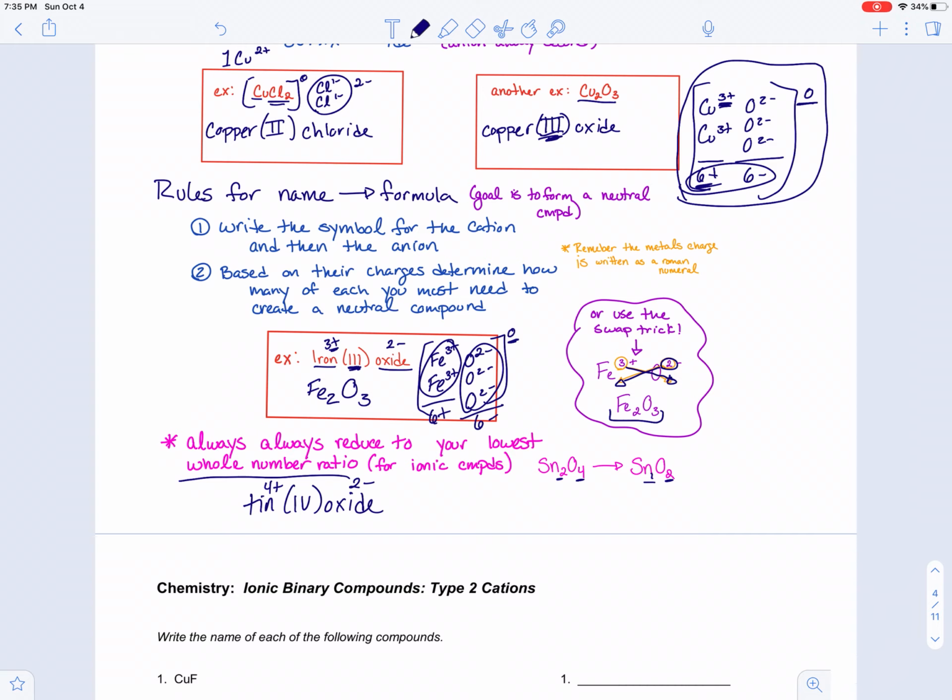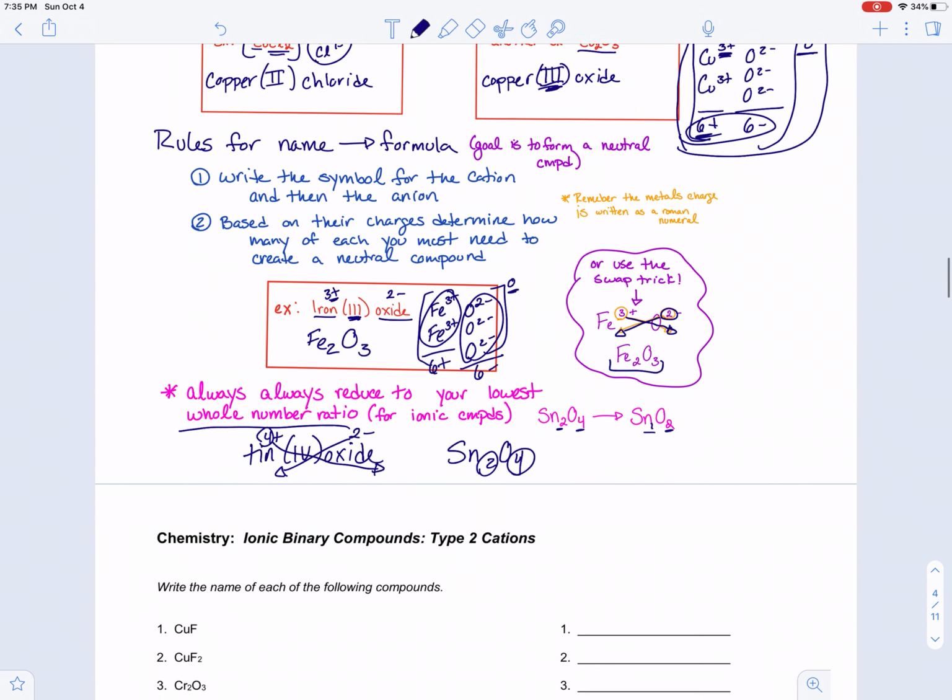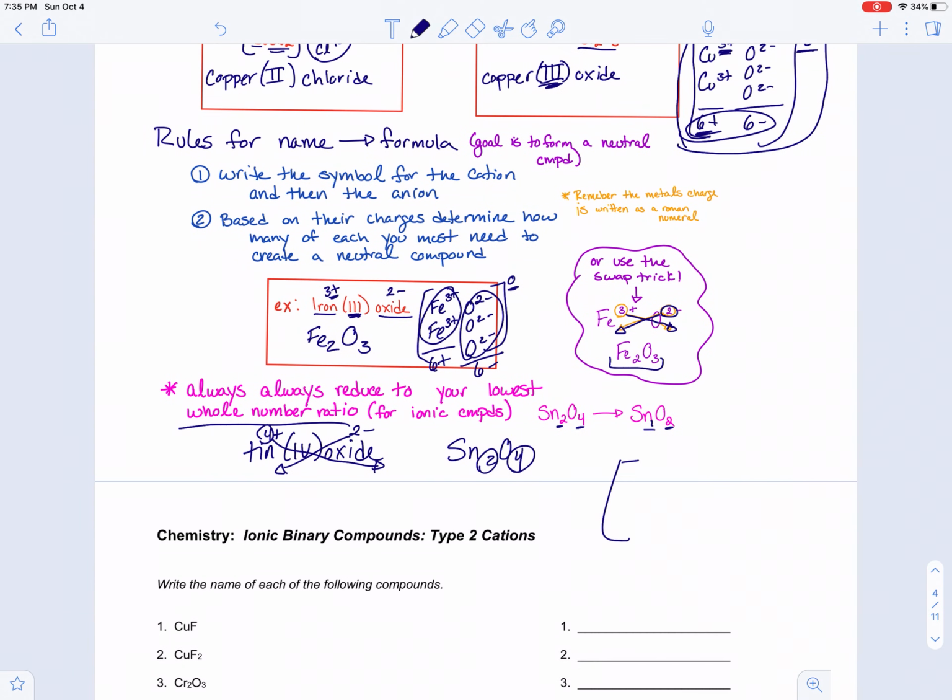Oxygen has a 2- charge. And so if you do the swapping trick, if you swap the 2 and the 4, you get Sn2O4, but you do have to reduce that. Because if you're looking at just the net neutral rules, right, if tin has a 4+ charge and oxygen has a 2- charge, you only need 2 oxygen to cancel out that 4+. So the actual formula is 1 tin and 2 oxygen.